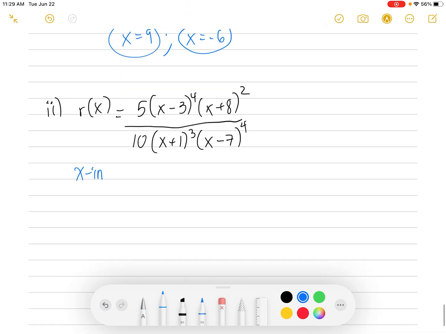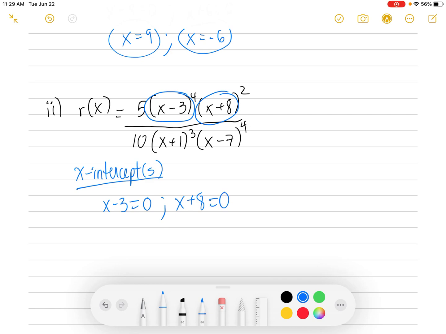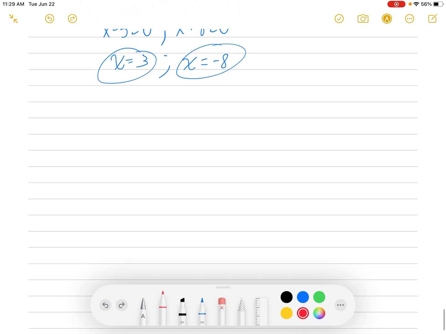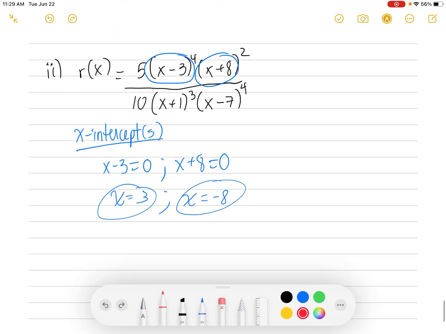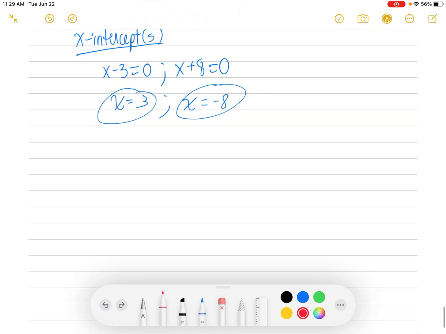So in this case, it's already factored for you, so I don't even have to do any factoring myself. I'm just going to take this factor of x minus 3 on top and set that equal to 0, and this factor of x plus 8 on top and set that equal to 0. So I'll get x equals 3 as an x-intercept, and x equals negative 8 as an x-intercept. We're not going to do anything with the bottom right now. The bottoms would tell you the vertical asymptotes. Okay.